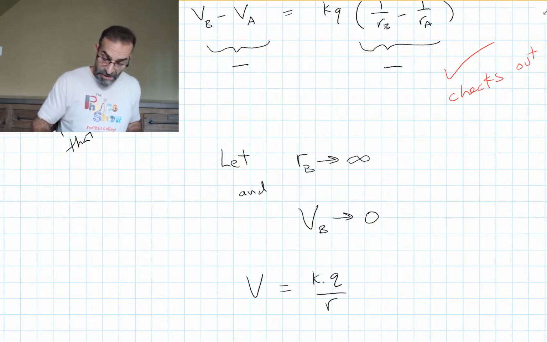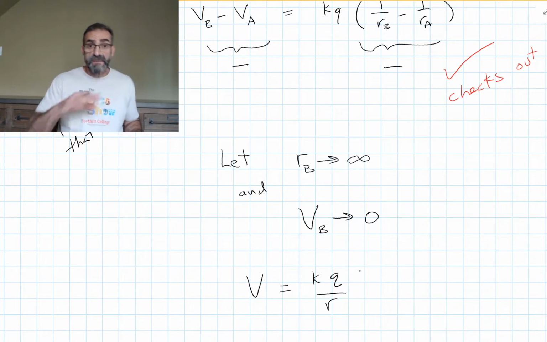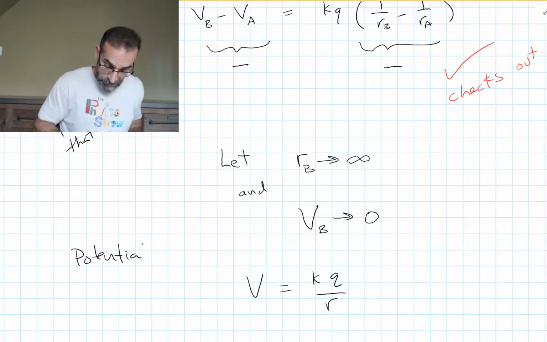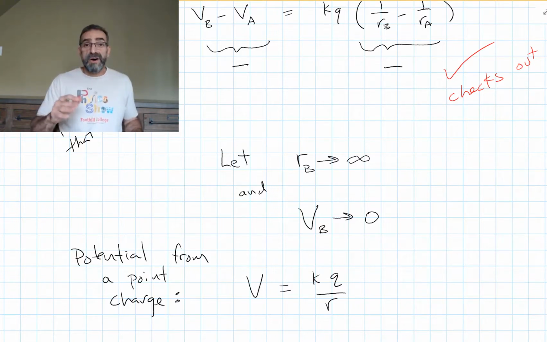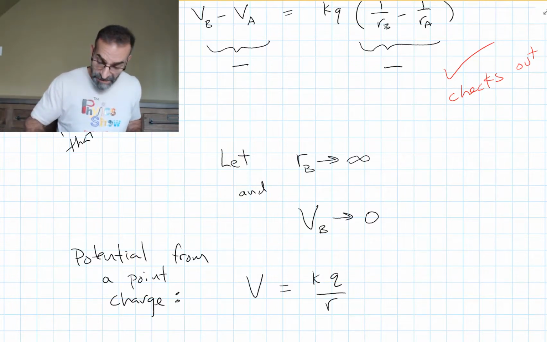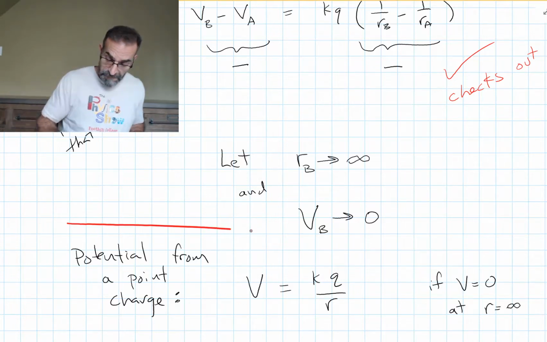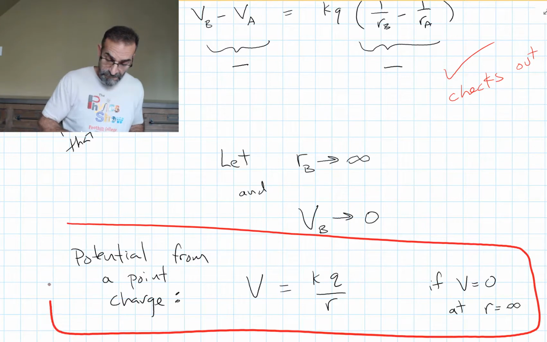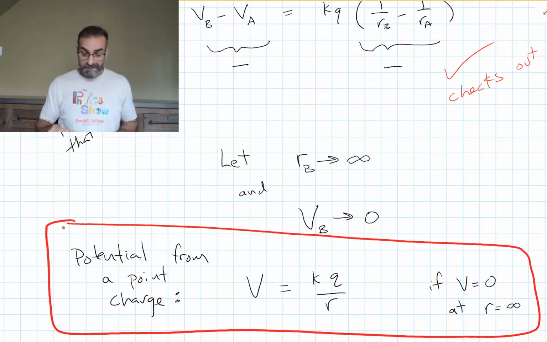This is the potential some point R away from a point charge, if we all agree that the potential is zero at infinity. Now we have the potential from a point charge.